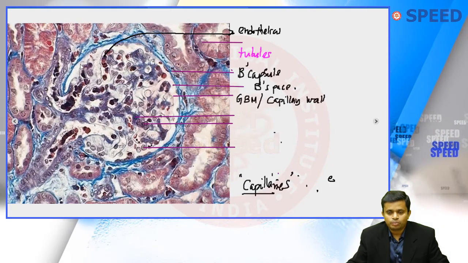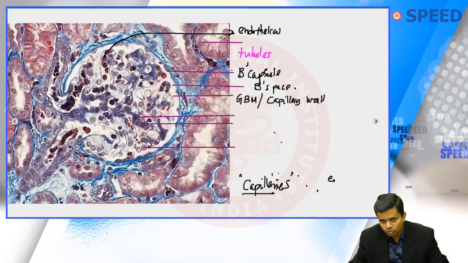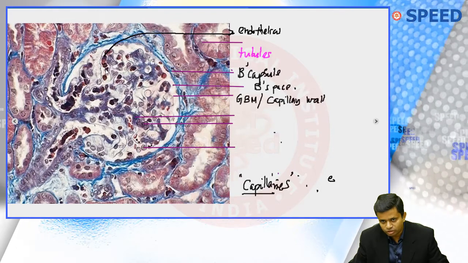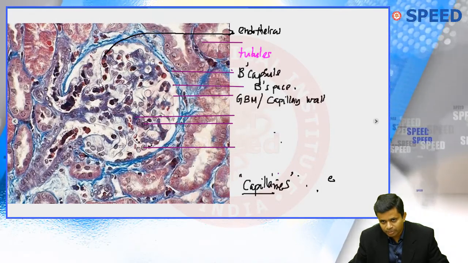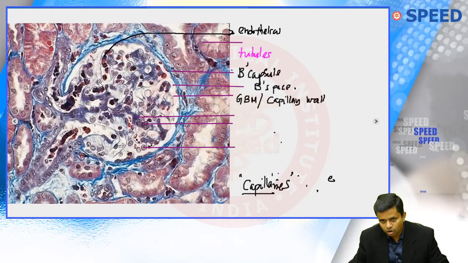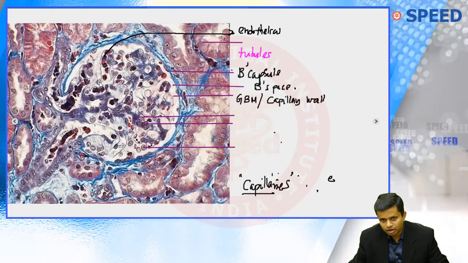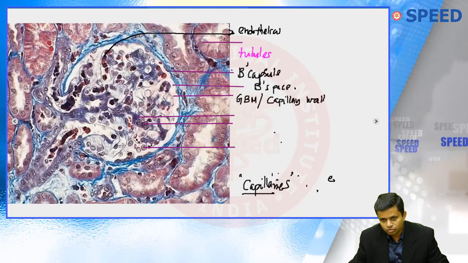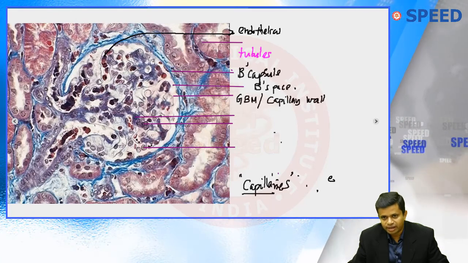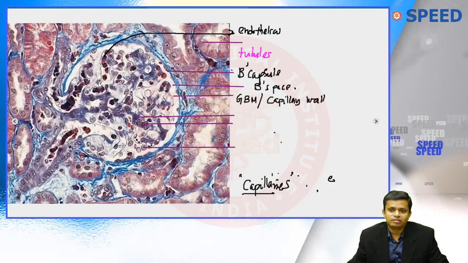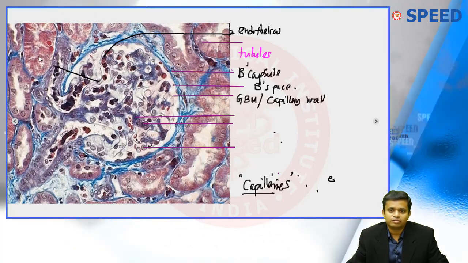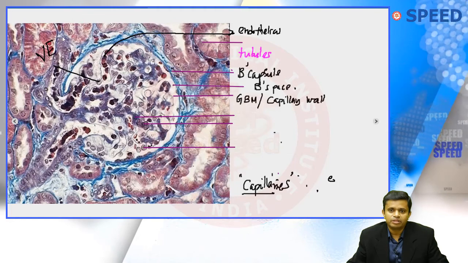Presume within the capillary wall, my common sense says it has to be endothelium. Outside the capillary wall, you see some cells on the outer layer of your capillary wall. These outer layer cells outside the capillary wall are called your visceral epithelial cells. I will just write down here itself: visceral epithelial cells.